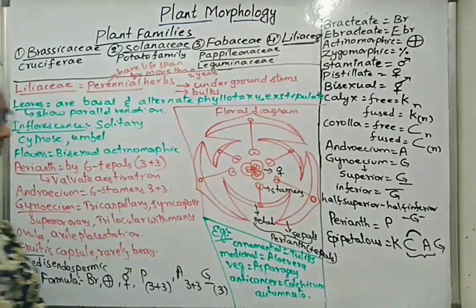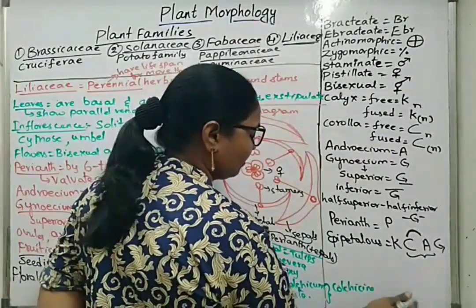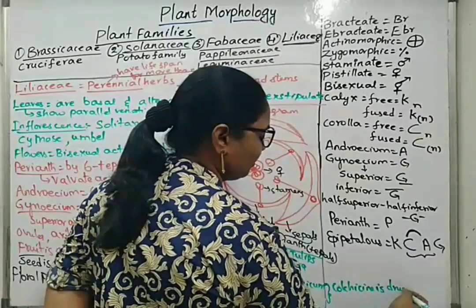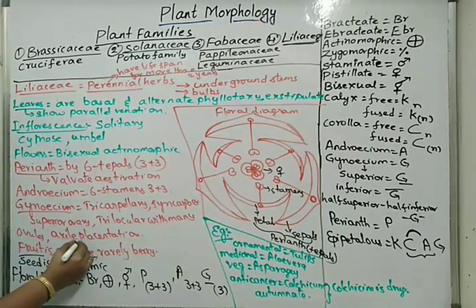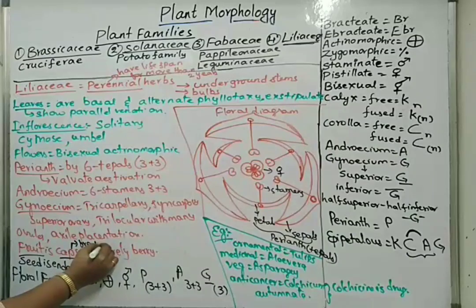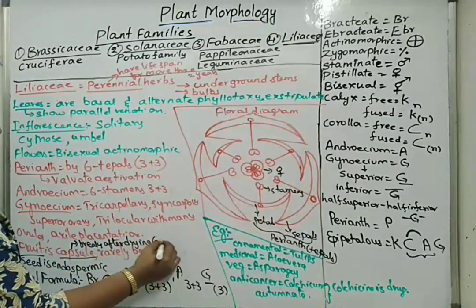Colchicine is the drug. Here we have written one term, that is capsule. Capsule means the fruit which breaks after getting dried. That we see in the case of cotton.